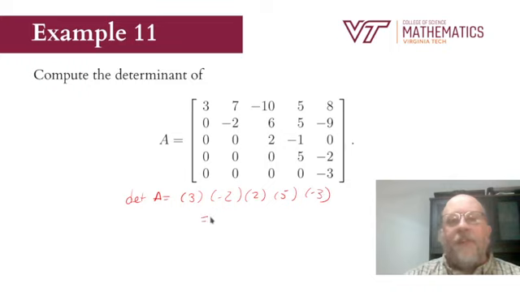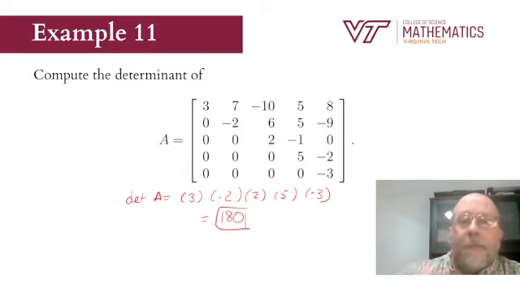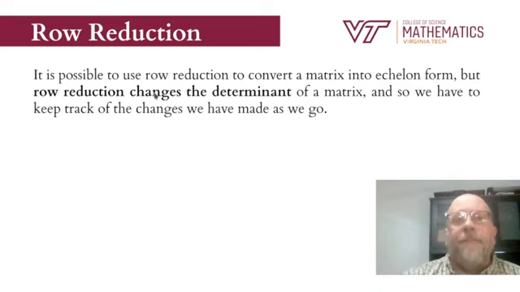Negative 60 times 3 is 180. And we're done. So if the matrix is in echelon form, all we have to do is multiply down the diagonal.